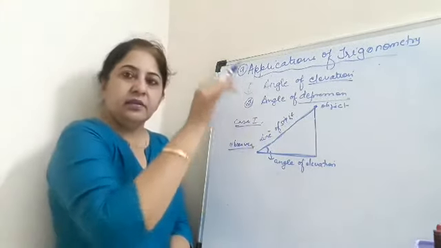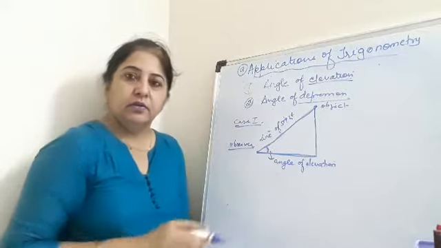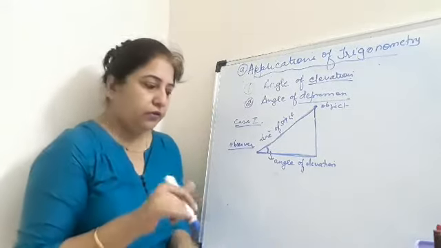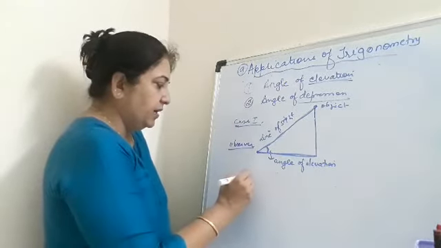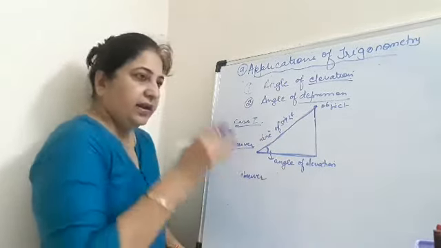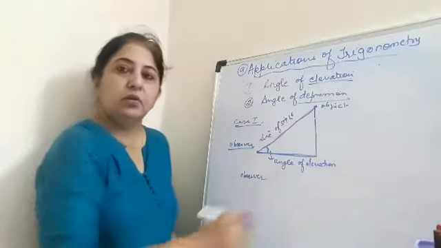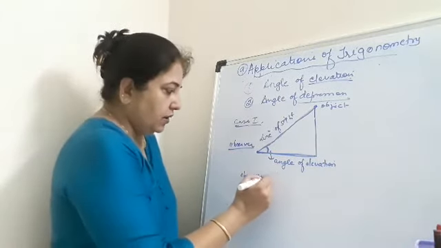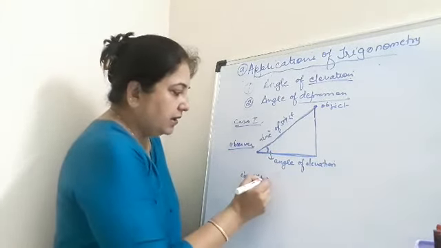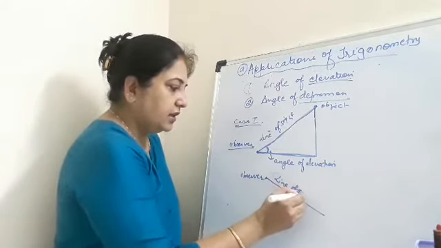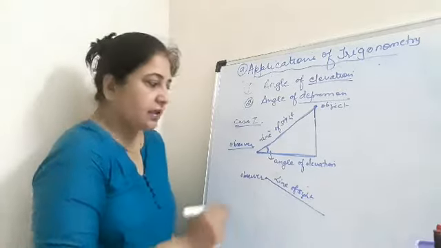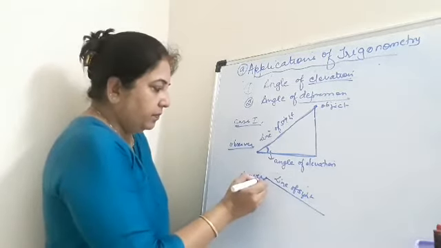Now I am standing at the 10th floor of the building, and the observer will be now at the height. Now I need to see something which is down on the ground. So the line of sight will be down. Now to what level? This is the level.